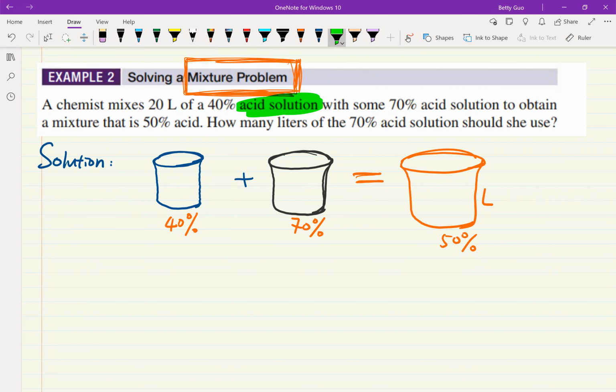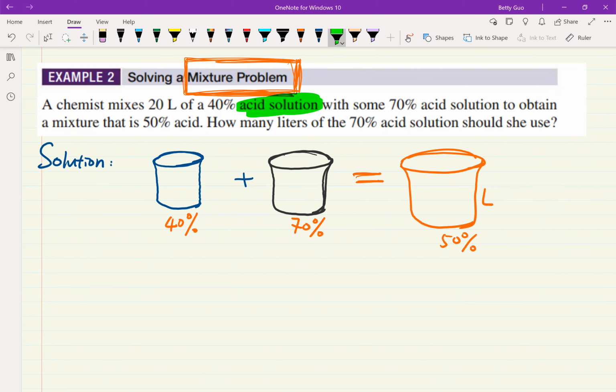Mixture problem means this person has 2 containers, right? In this container, she has a 40% acid solution. In this jar, she has 70% acid solution. And she pours the content of the 2 jars into a bigger jar.